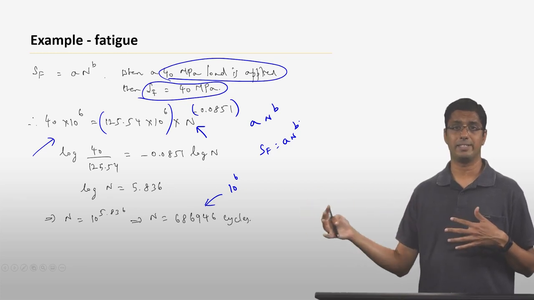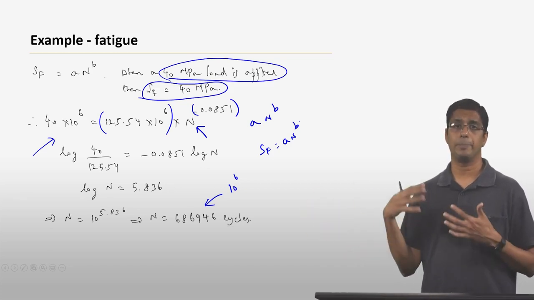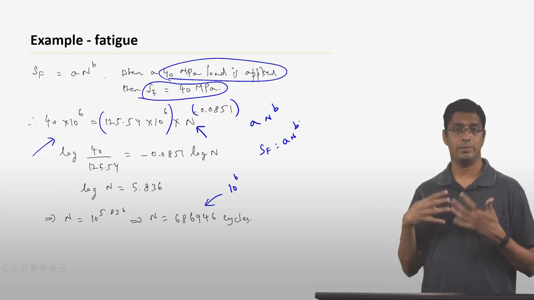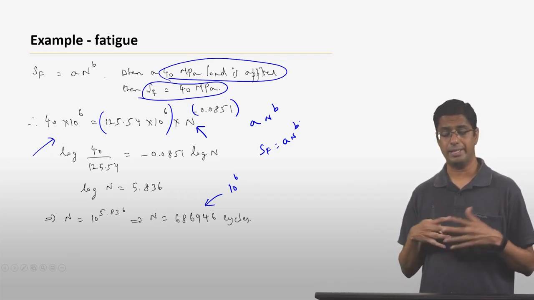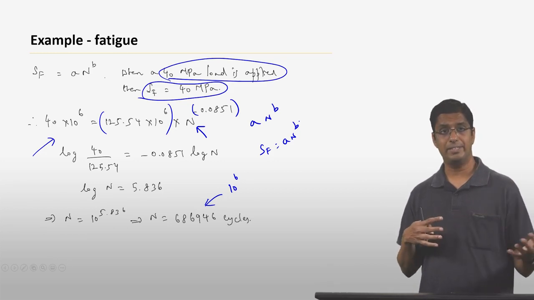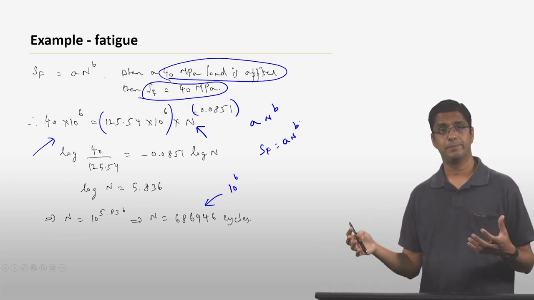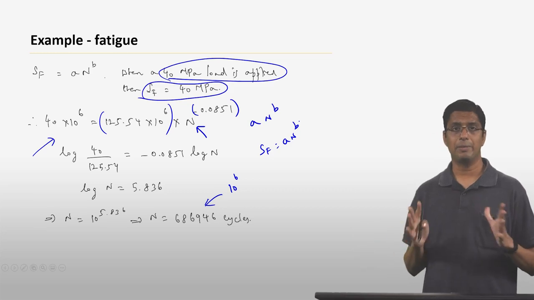If it is more than 10 to the 6 cycles, then you cannot apply it, because beyond 10 to the 6 cycles, the fatigue strength is going to be equal to SE. So you have to be a little bit consistent here.